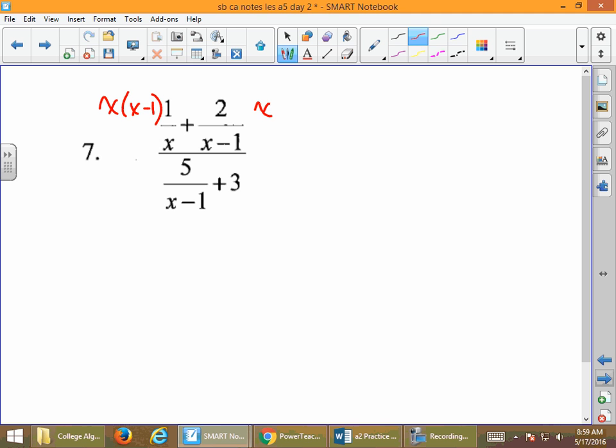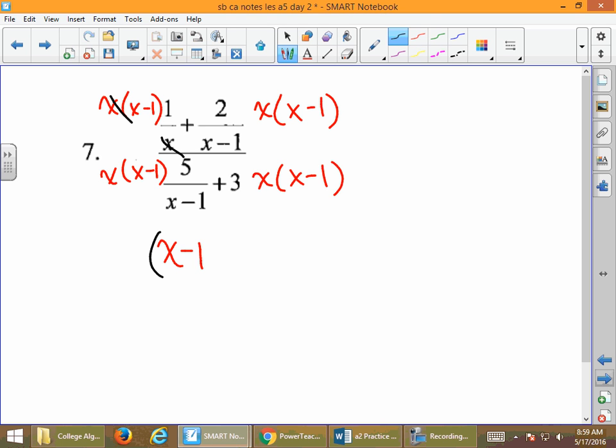And then we're going to multiply x times x minus 1 by every term, whether there's a fraction there or not. And then we can cancel. The x's cancel out, and we're left with x minus 1 times 1, if you prefer.